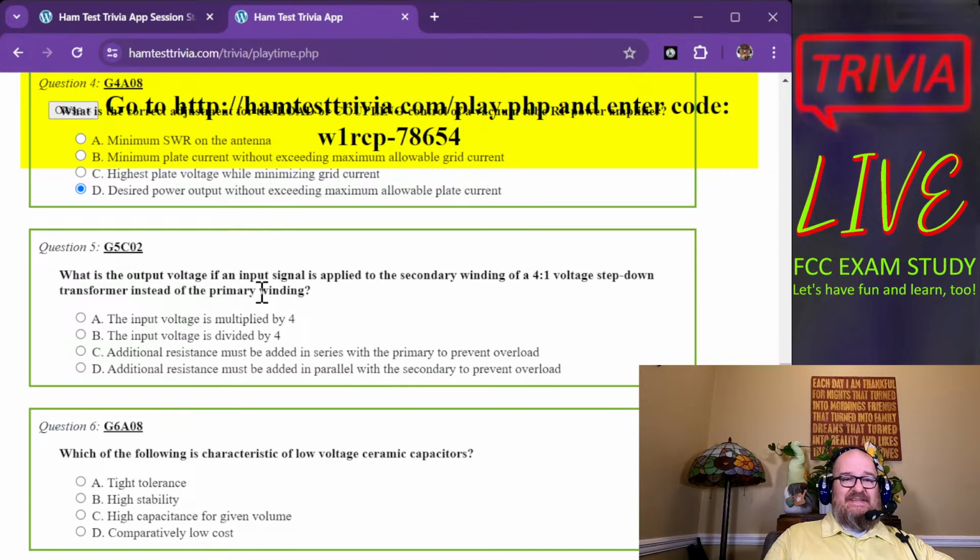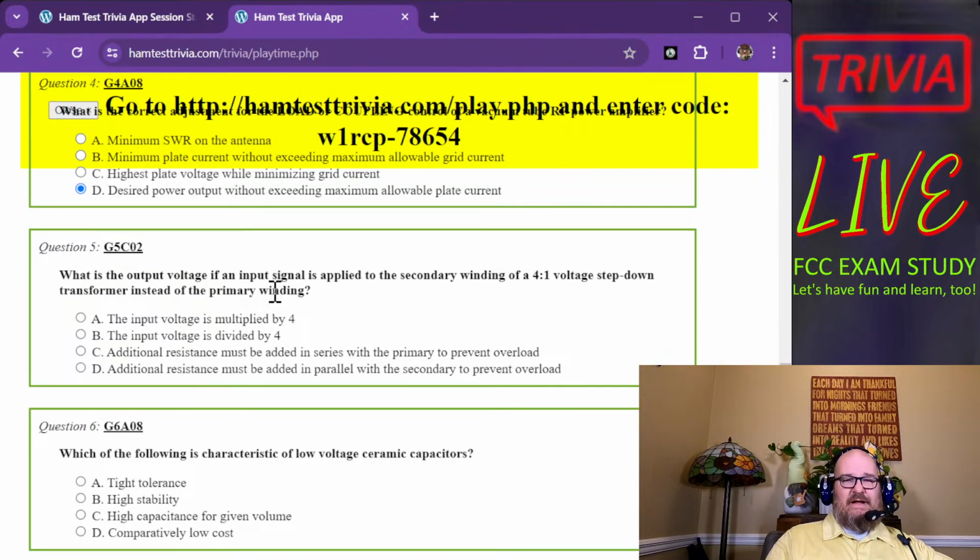Alrighty, so what is the output voltage of an input signal? See, I can't read tonight. I can't even see very well. What is the output voltage if an input signal is applied to the secondary winding of a 4-to-1 voltage step-down transformer instead of the primary winding? Now, this is a pretty cool hack.